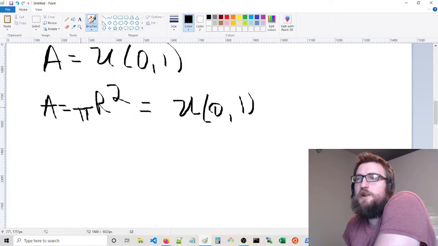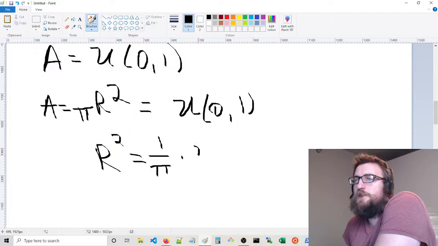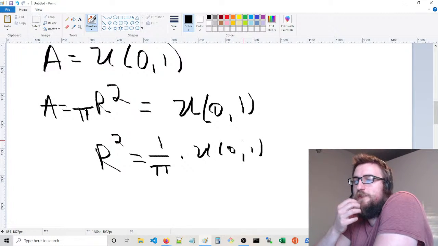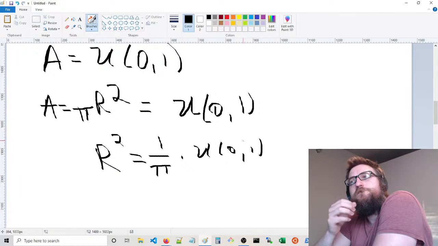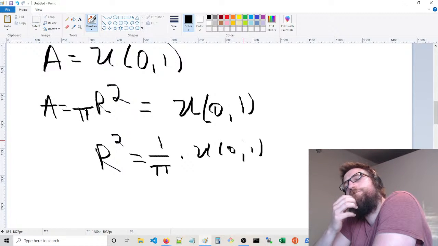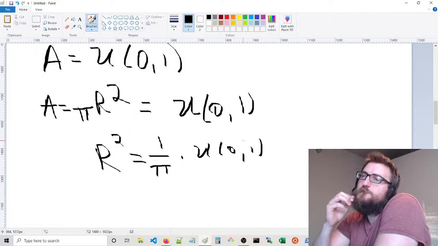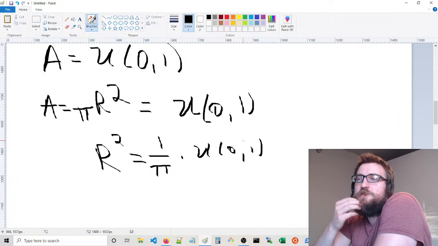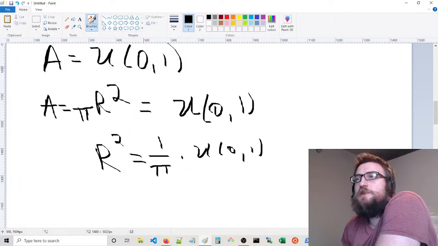Why are we dividing by pi? Is another question. That means that r squared is 1 over pi times the uniform distribution. Okay, that doesn't make sense though. Because there's a pi in there, somewhere, that's got to be extracted or considered or what have you.